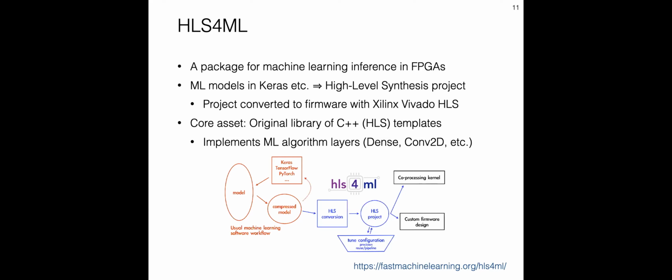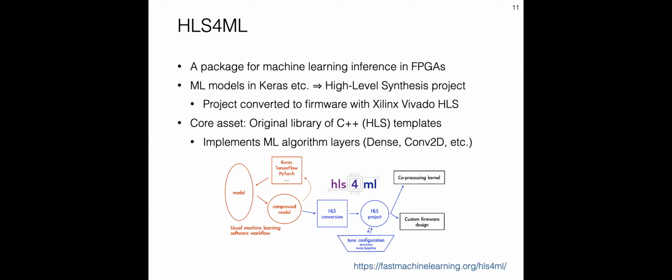High-level synthesis is the framework where you can translate C++ code into FPGA firmware. This translation is actually done by the Xilinx proprietary software called Vivado HLS, and HLS4ML basically just constructs this project.